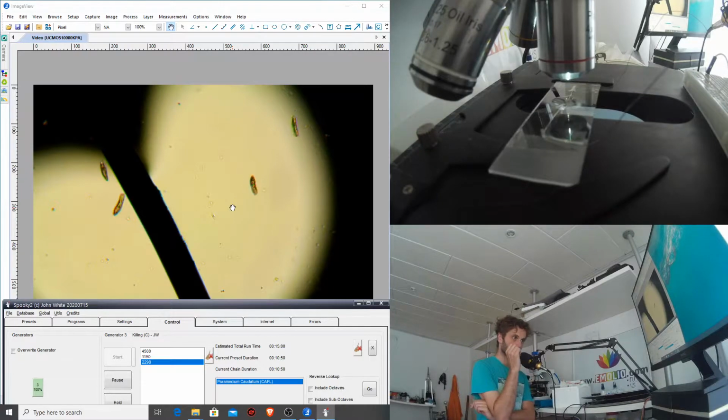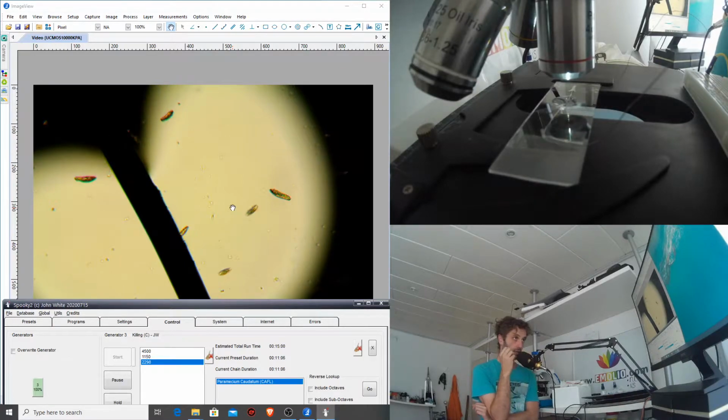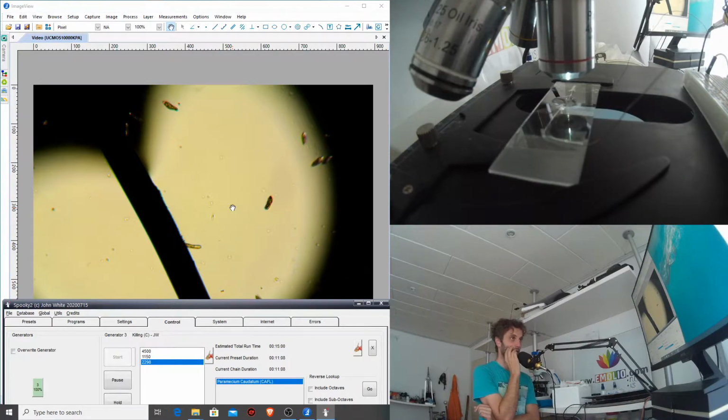We are now on the 3rd frequency, and let's see. As I can see, this pattern of swimming is not normal, so something is happening. It's like they are dancing, but as one pattern. Go left, go right, go left, go right.